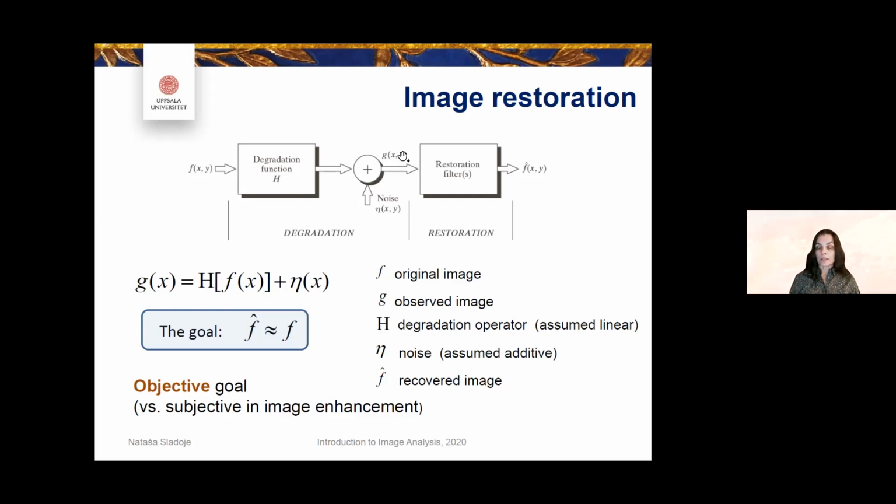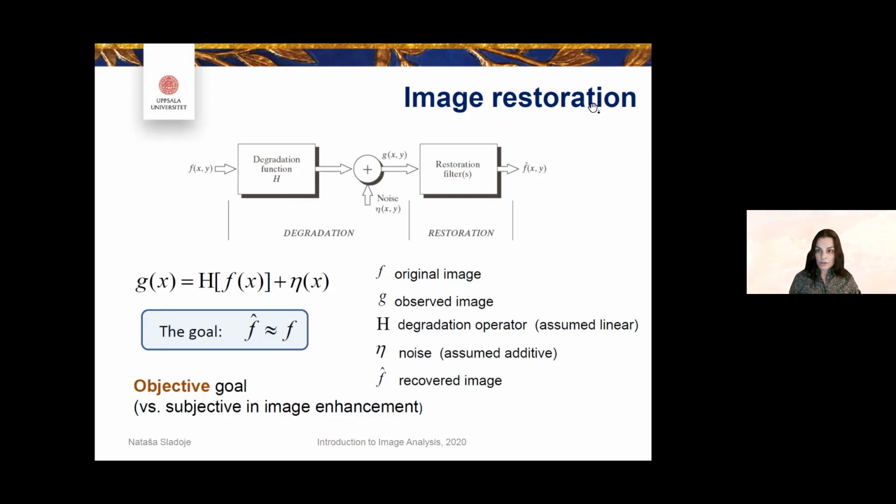And the final output is then denoted by G. So this function G, which is often called the observed image, is what we have to work with. That one is a result of degradation acting on our desired original image, plus some added noise.